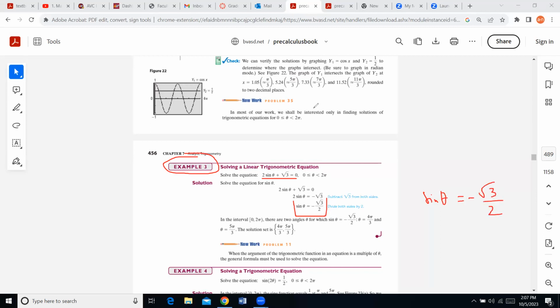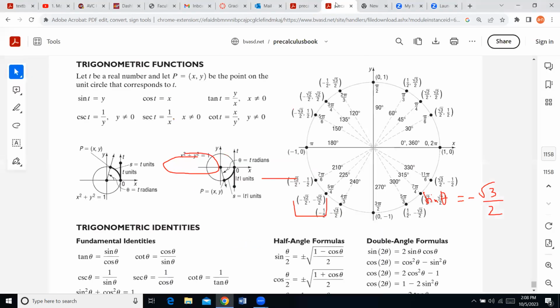And what happens then, again, my favorite unit circle comes into play. So sine is the y coordinate. If I find the point with y coordinate equal to negative square root 3 over 2, then one can say angle theta is going to be equal to 5 pi over 3, right?